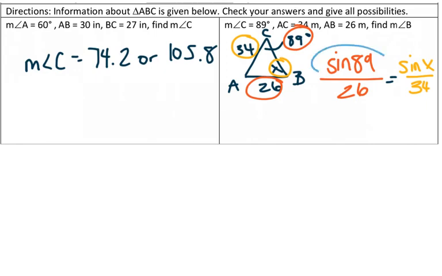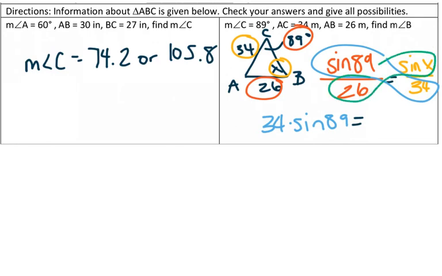So I'm going to cross multiply like I always do. 34 times the sine of 89 equals 26 times the sine of x. I need to get rid of that 26. I'm going to divide both sides by 26.